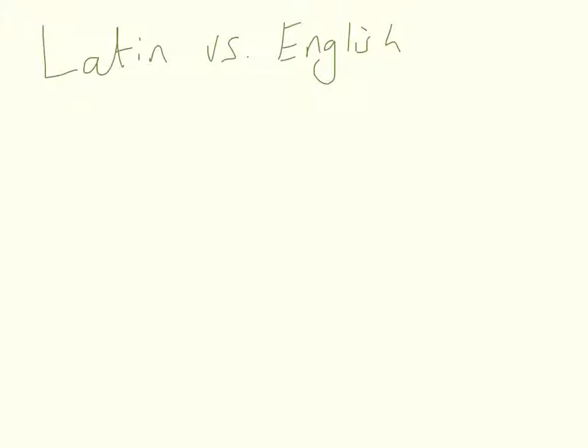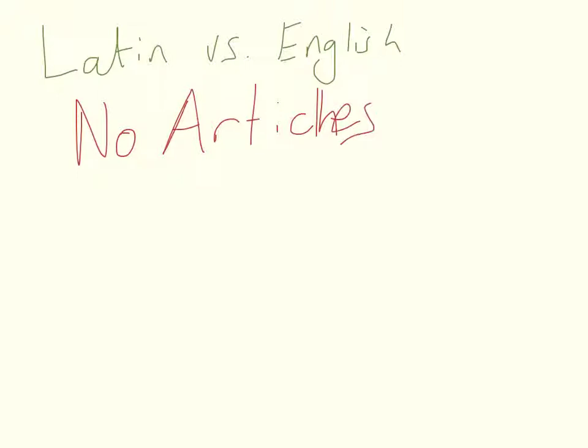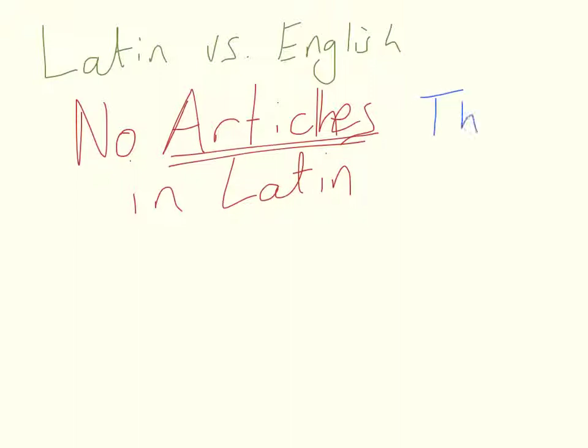The first big difference in Latin is that there are no articles. What I mean by article is we have three of them in English: the, a, and an. I'm sure you're fairly familiar with those.